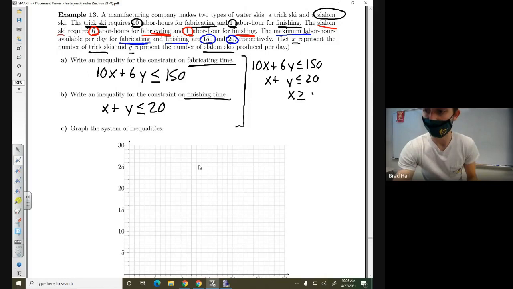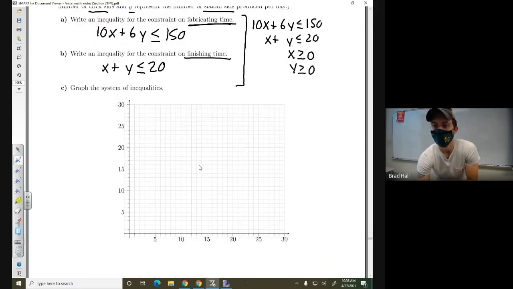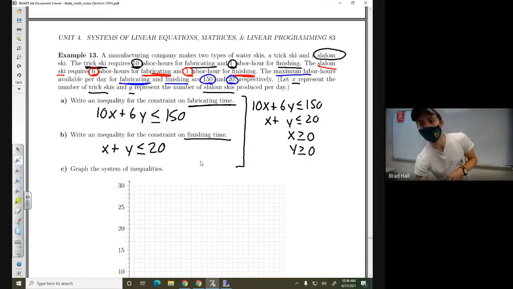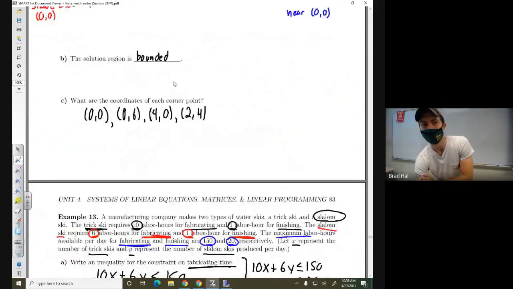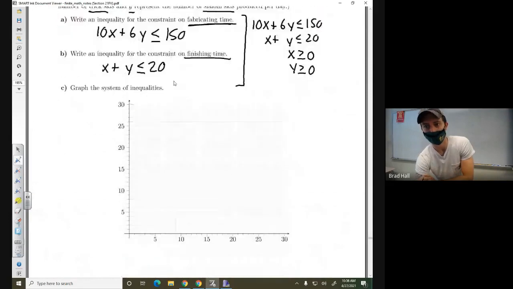So the non-negative restrictions, which always have this form, must also be incorporated. And so that is the system that we are going to be graphing here. So this is going to be very similar to the previous problem we did, where they gave us a similar system. So it's the same problem, it's just we had to set up the inequality first.